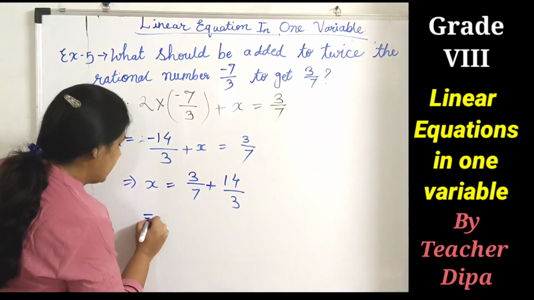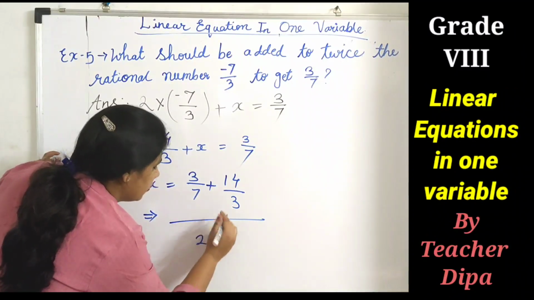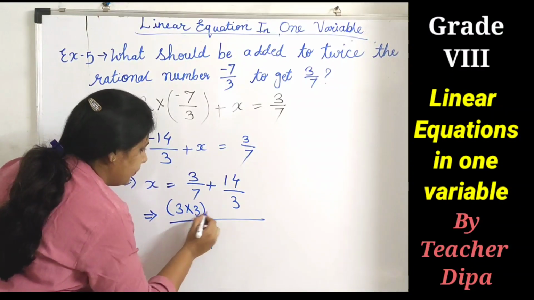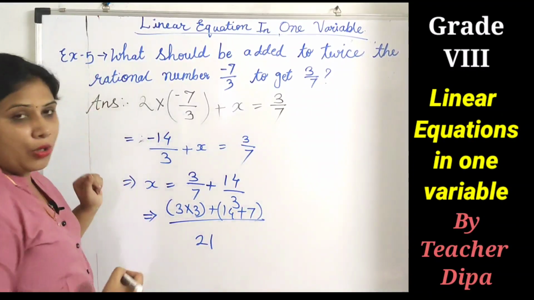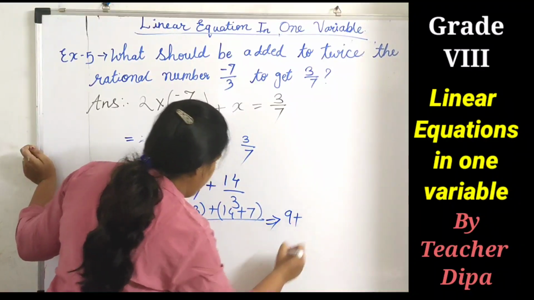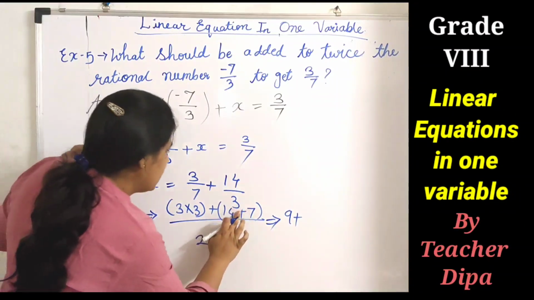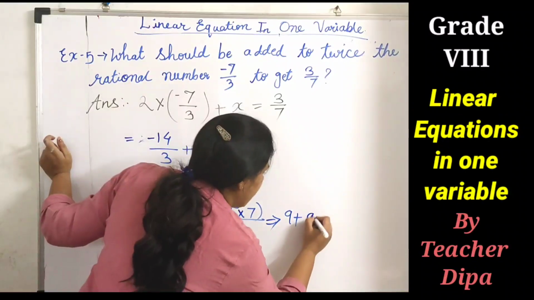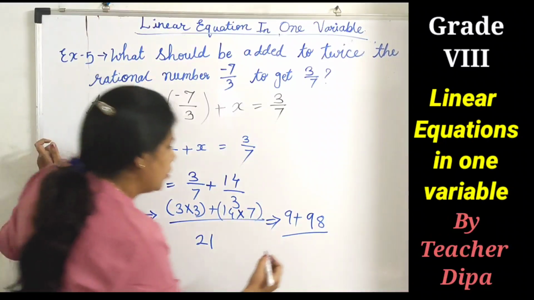Now for getting x, the LCM of this is 21, and we can get 3 into 3 plus 14 into 7, the cross multiplication. By this we can get 9 plus 14 into 7, which will be 98, upon 21.